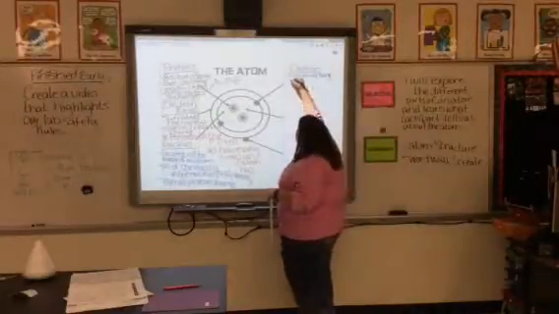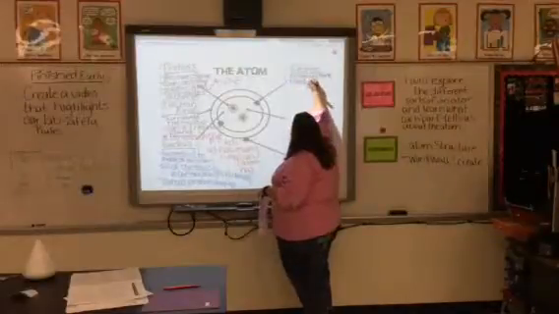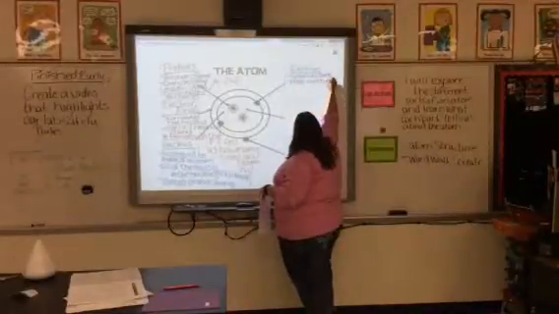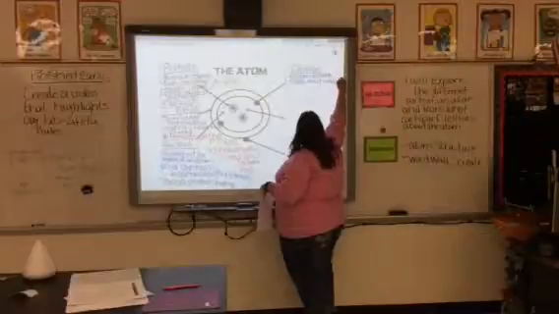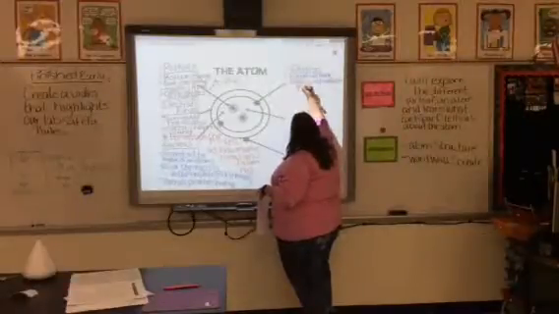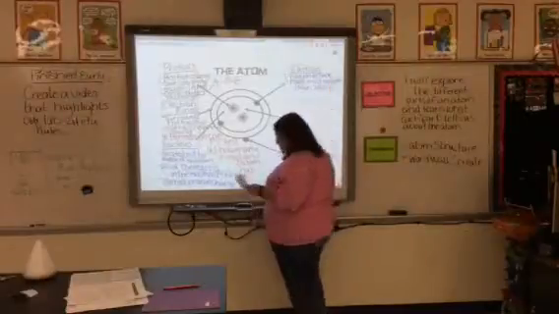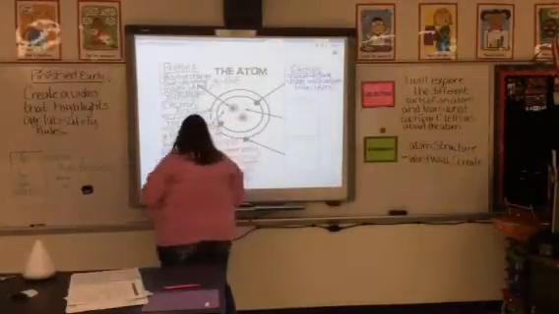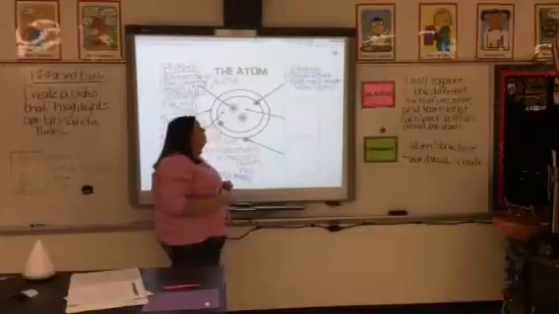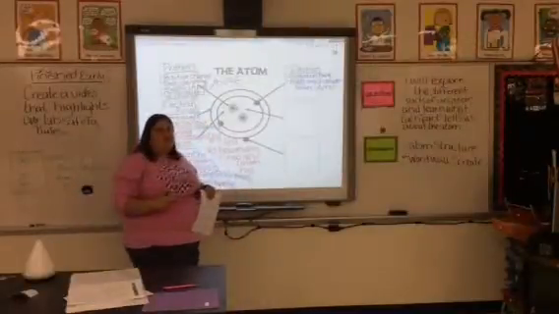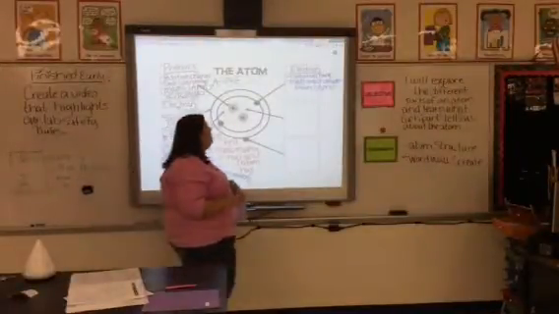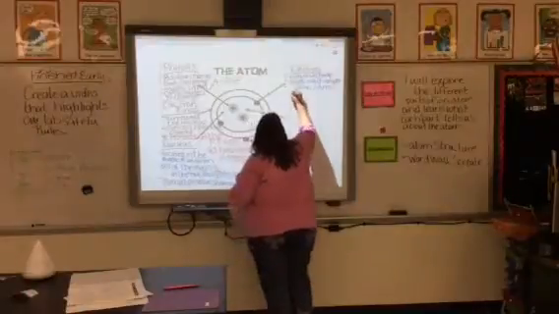So we say that mass is much smaller than 1 AMU. Okay. We also know the location of our electrons. They orbit the nucleus on the electron rings.